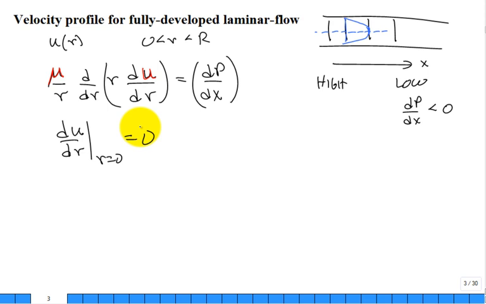One way to say it is symmetrical, the top half, the bottom half of the pipe, but that really doesn't make much sense. It's a 2D slice that I'm showing, but it has to have a zero slope right there at the tip, at R equal to 0 at the center line. The other boundary condition is that U at cap R is equal to no slip, 0.